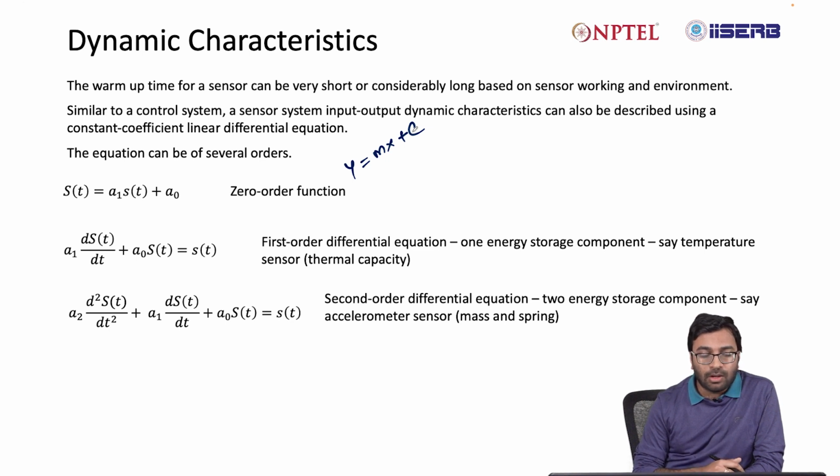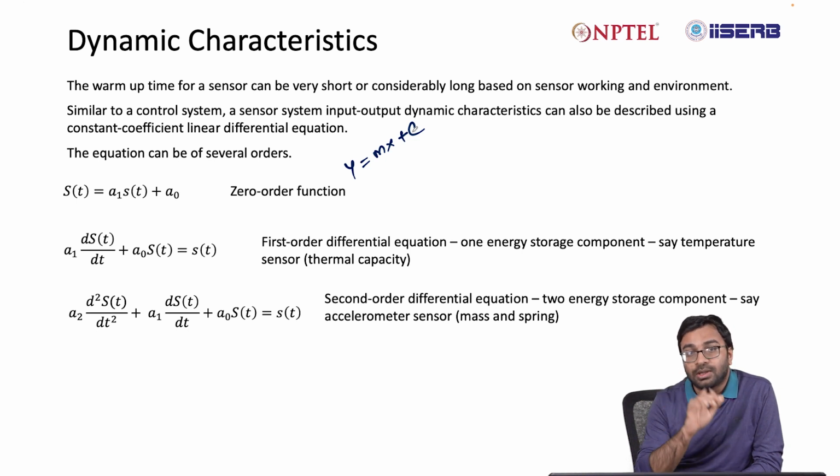Now the order of the differential equation depends on the energy storage system associated with that. Even in case of control system, you may have studied that the energy storage system is related to the order of that transfer function, but in this case also it's more or less similar.